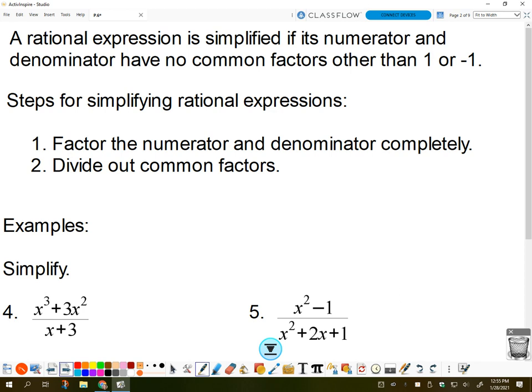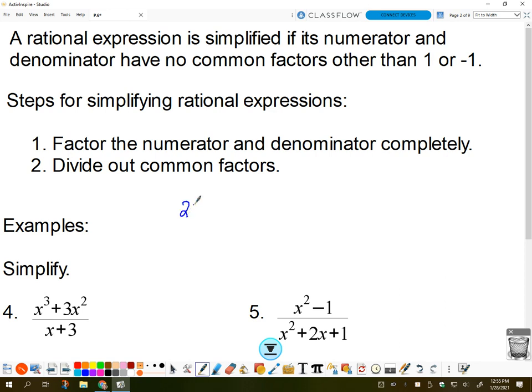So if you look at this problem number 4, I cannot just say this x can divide into those x's. Because of this plus sign, it gets your order of operations all out of whack. Order of operations says I have to combine these before I can divide by something. So if I can break it down to where I have something times something over something times something, then I can always divide off factors that numbers have in common.